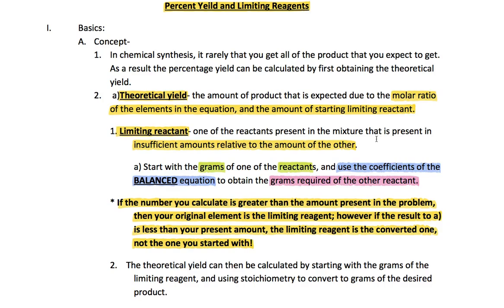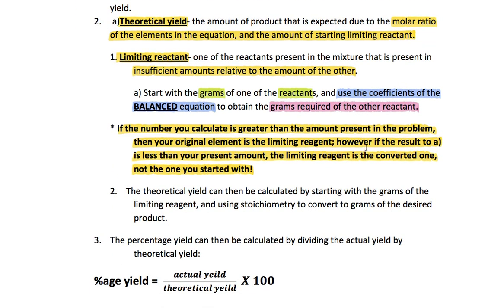Once you have your limiting reagent, you can calculate your theoretical yield. You can calculate your theoretical yield by using stoichiometry, starting with your limiting reagent.